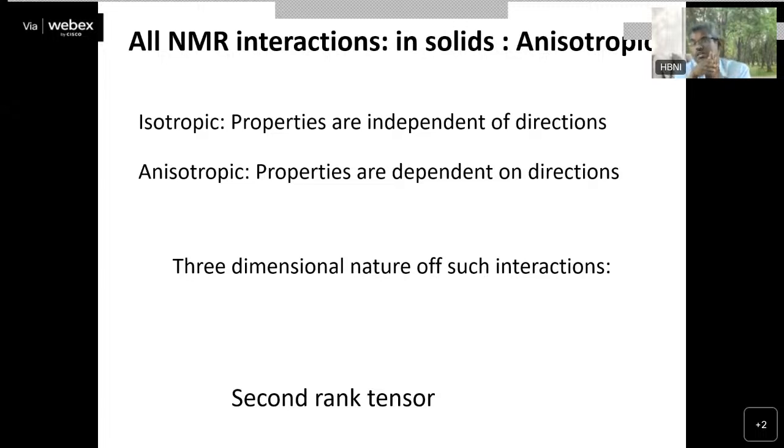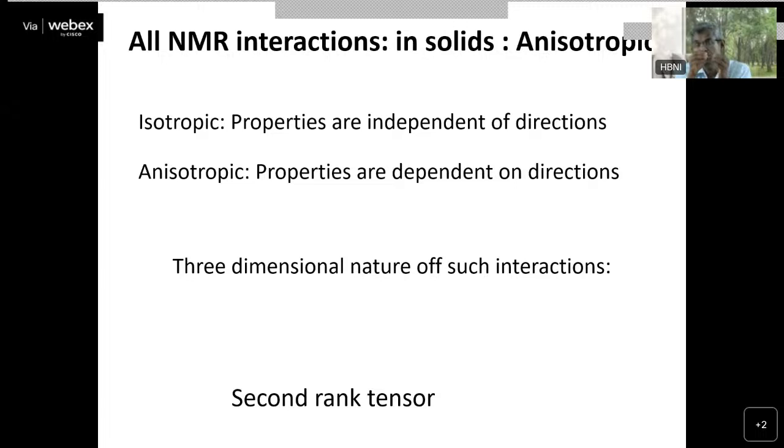But in the case of solid, along the x-axis you will have a different electron density, and along the y-axis a different density. This will create some sort of asymmetry, or a better word is anisotropy. So anisotropy exists in the case of solids, particularly with respect to the electron distribution.